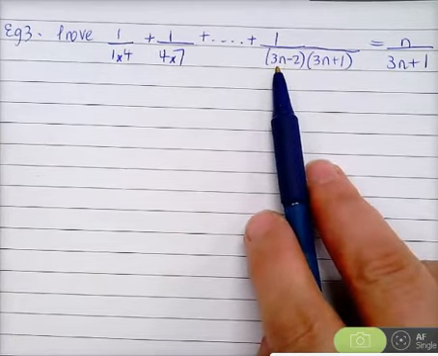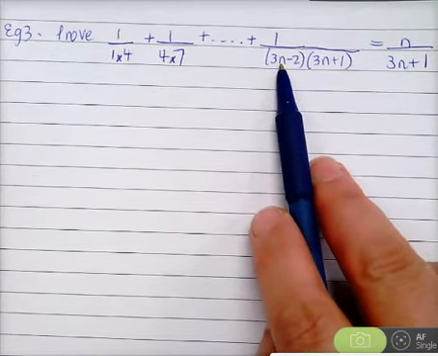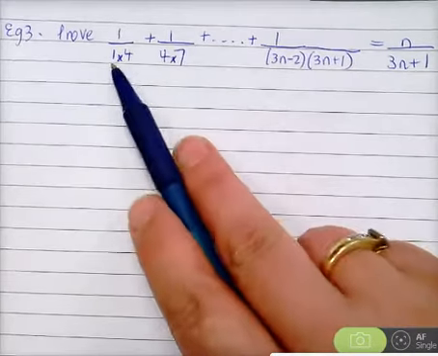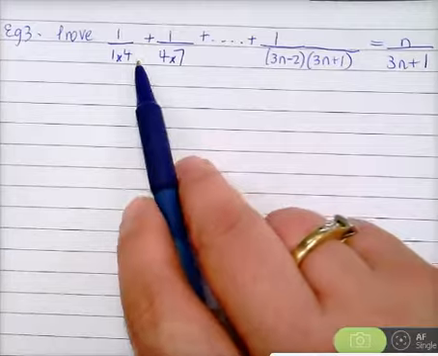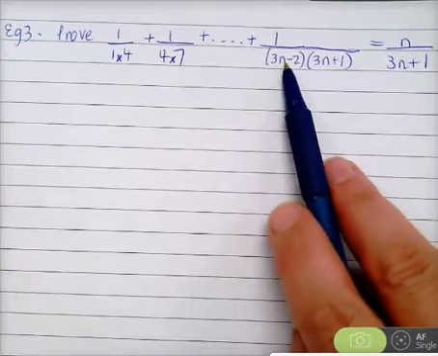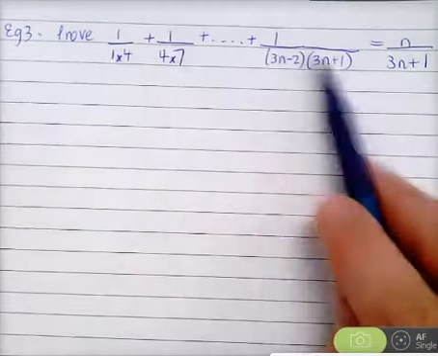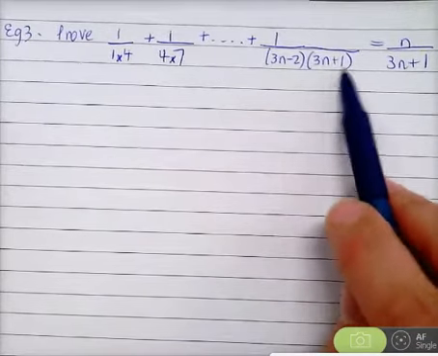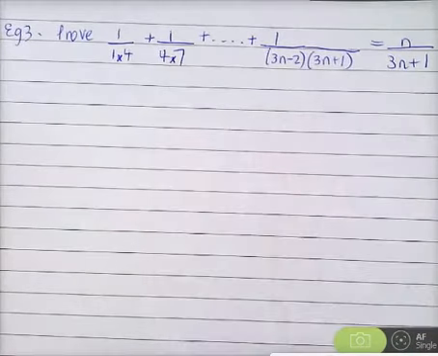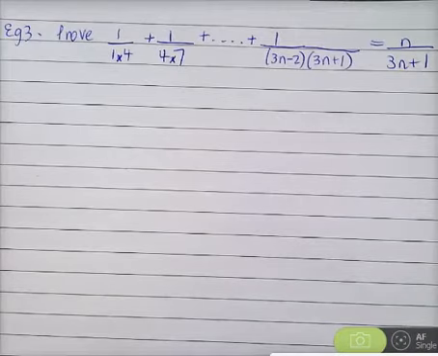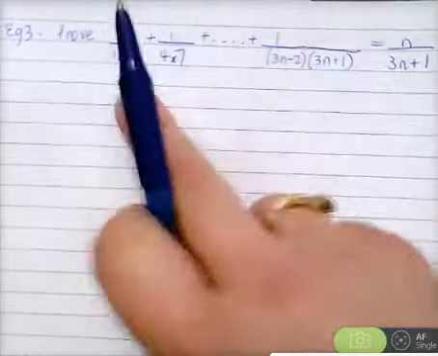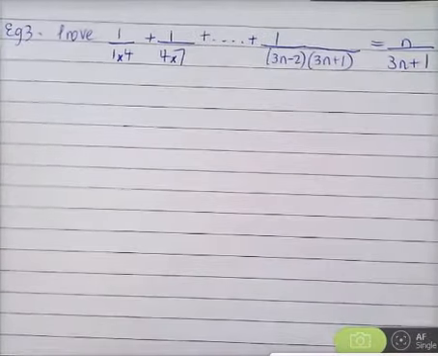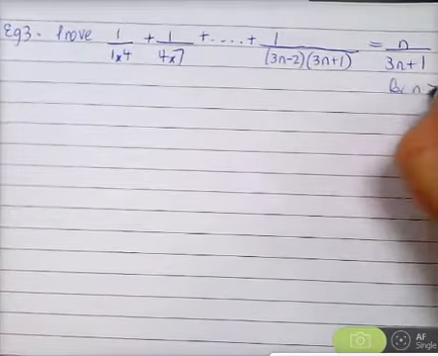What do you get? 3 times 1 minus 2 is 1, 3 times 1 plus 1 is 4. When n is 2, 3 times 2 minus 2 is 4, 3 times 2 plus 1 is 7. They're multiplication symbols. So proving that the sum of all that left-hand side equals that right-hand side for n greater than or equal to 1.